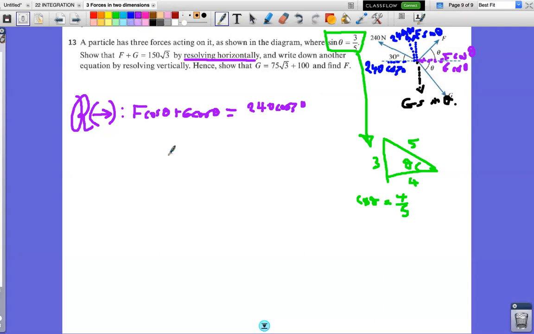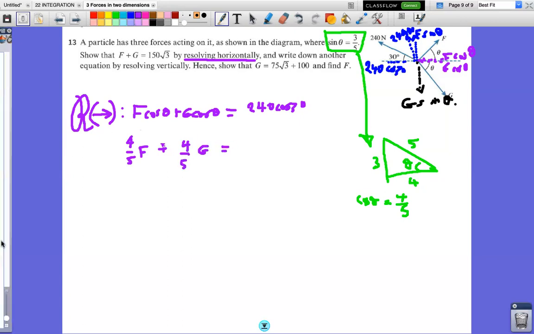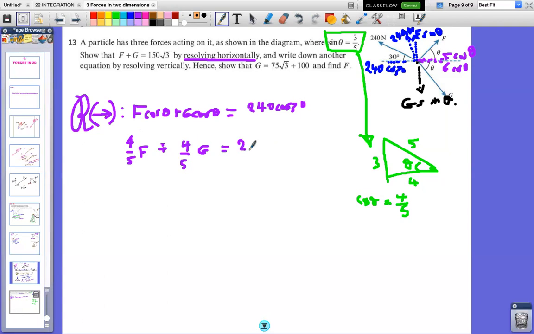So that means if we come here, we'll have 4/5 F plus 4/5 G is equal to 240 cos 30. What is the cosine of 30 anyway? Cosine of 30 is √3/2, correct?